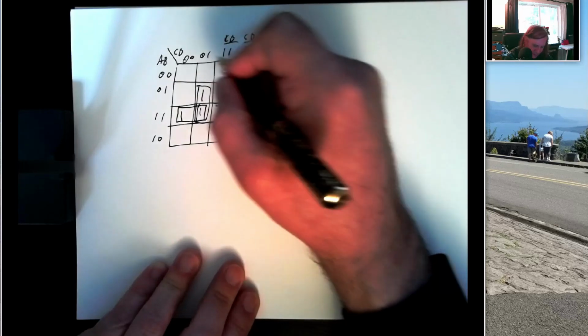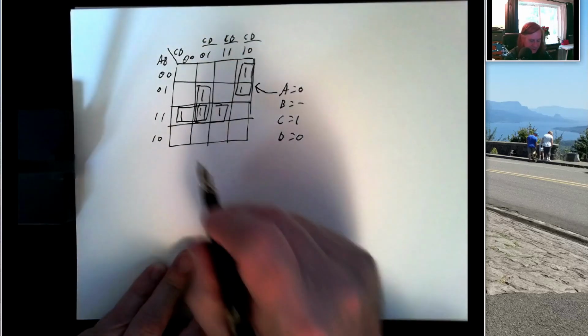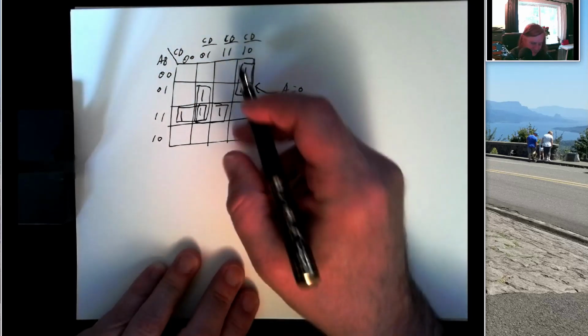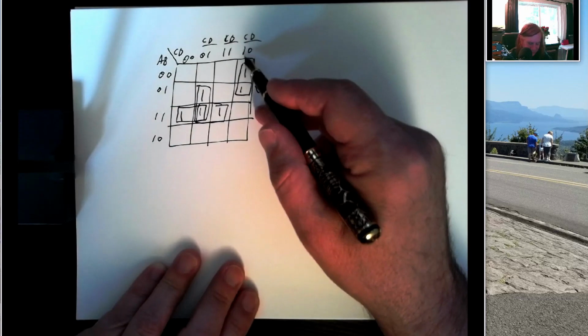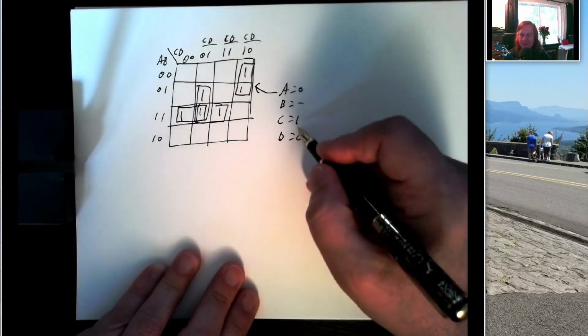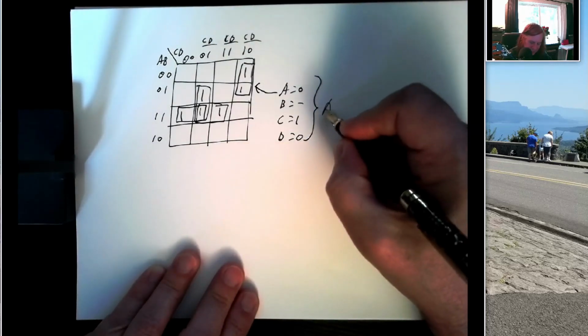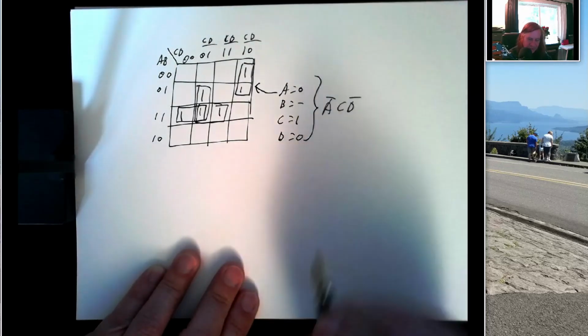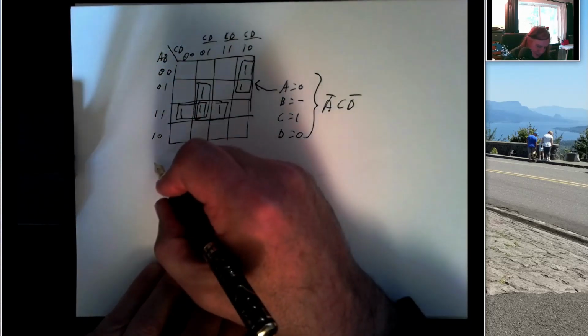Here C is a 1, D is a 1. Here C is a 0, D is a 1. So in this rectangle, C is a 1 in both of those boxes, D is a 0. Here are the values for our input variables in this box, and so we can write that as A bar, C, D bar. And that's all we've got to do.